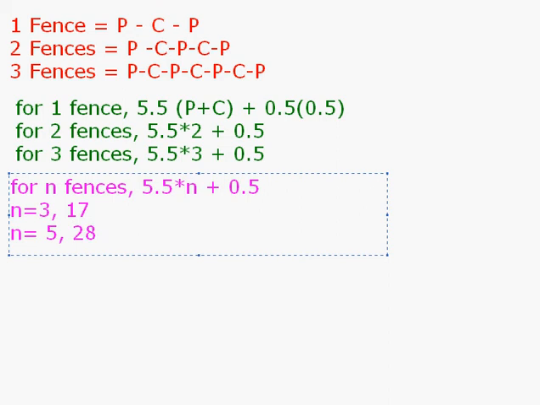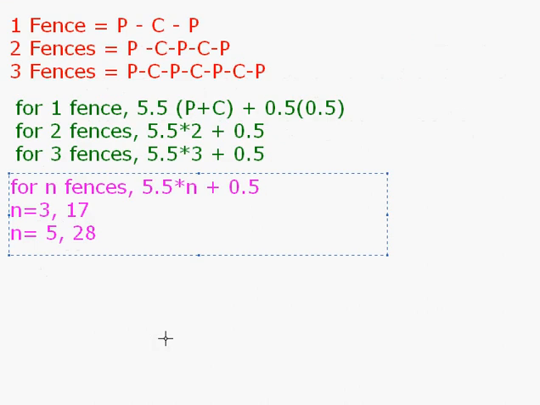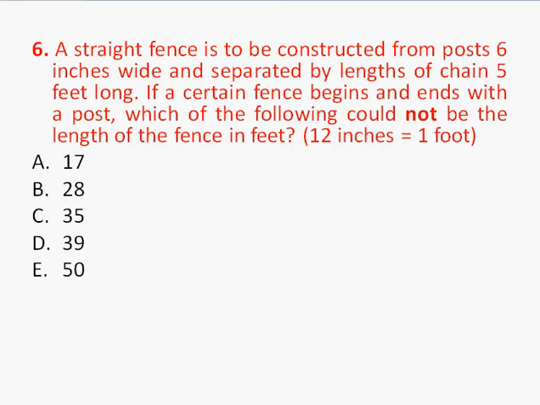So 17 could be the length, 28 could be the length, but there is no value of n which could give the length as 35. 39 is available, 50 is also available, but 35 is not available with any value of n which is an integer greater than 0. Okay, so this question is solved.